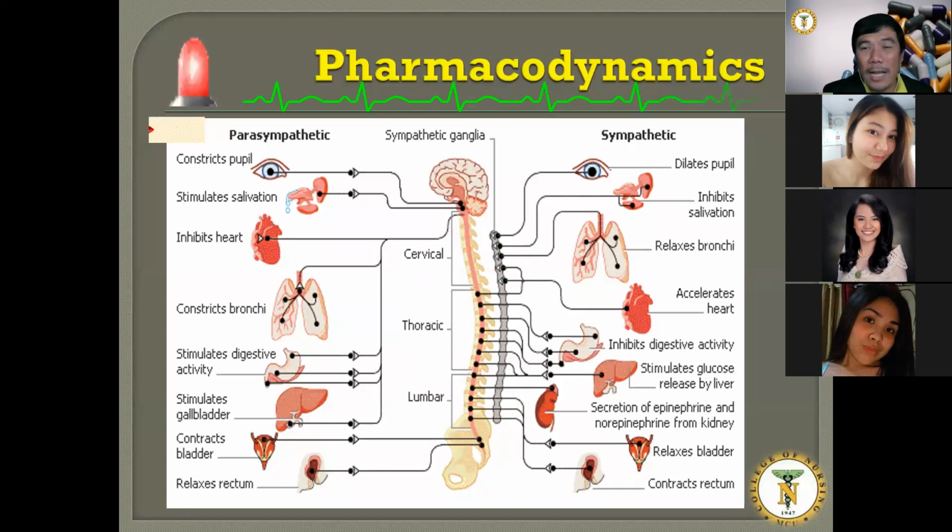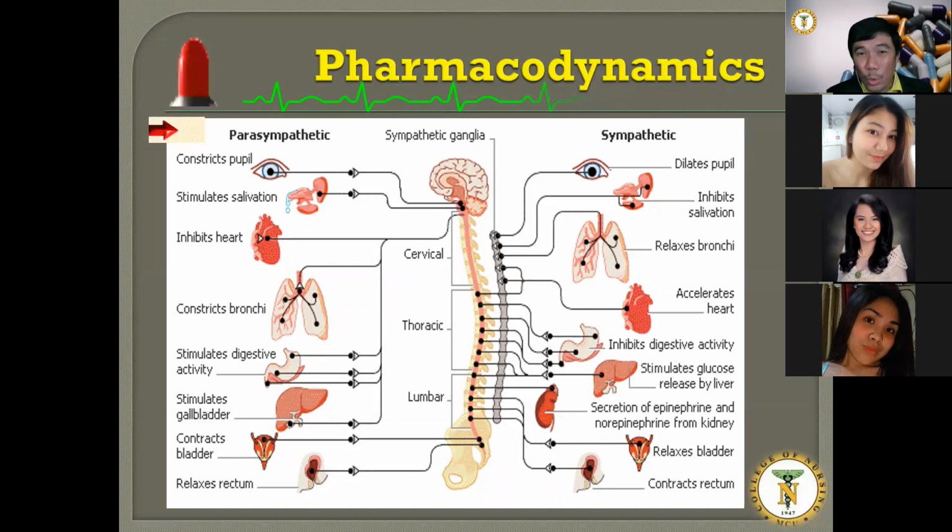Sympathetic are also called as adrenergic. Kaya pag minention natin yung adrenergic drug, it usually initiates action of the sympathetic nervous system. Parasympathetic naman is also called as cholinergic. Kaya if you will encounter drugs such as cholinergic drugs, it means that it initiates action similar to parasympathetic nervous system.